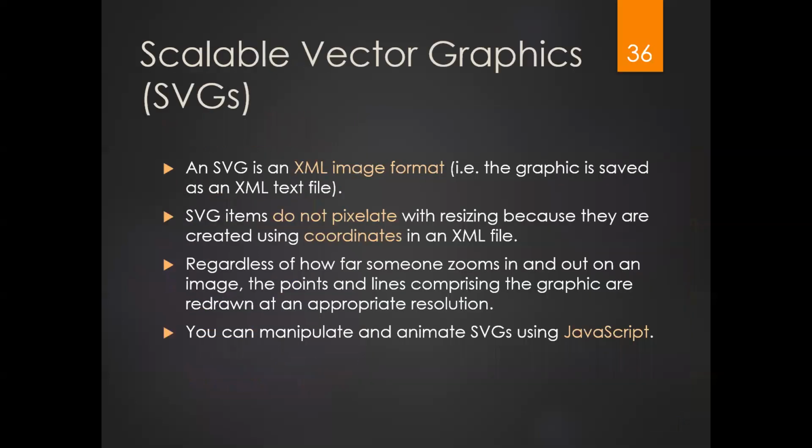So the next format is called SVG. It's also an XML image format. But the special part about this format is that it does not pixelate with resizing, because SVGs are created using coordinates in an XML file. What does it mean?